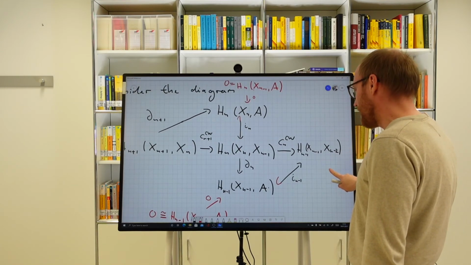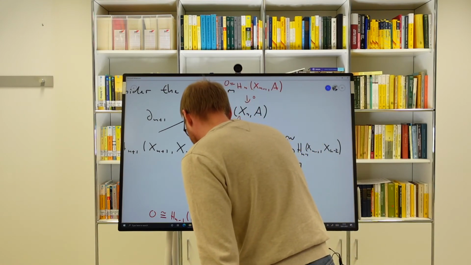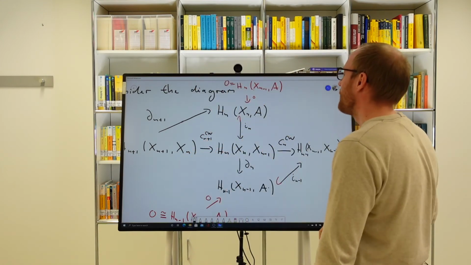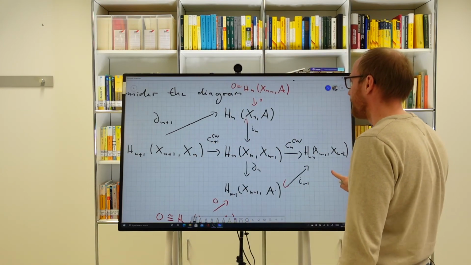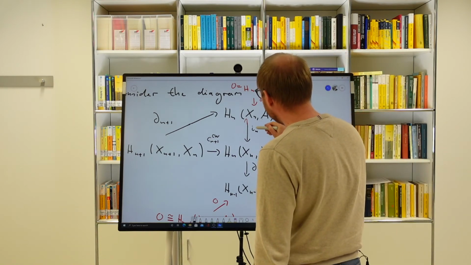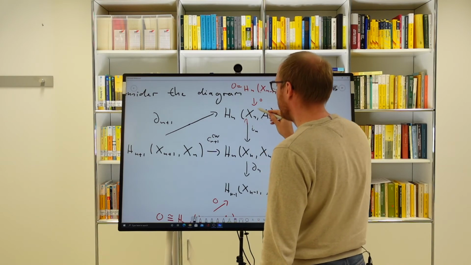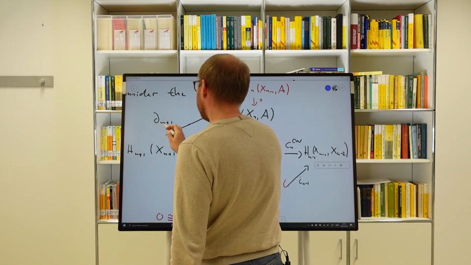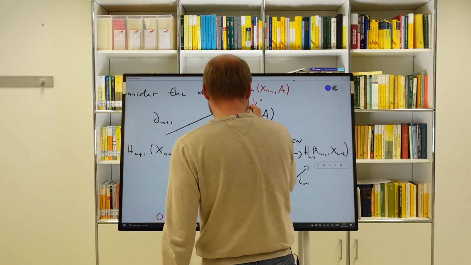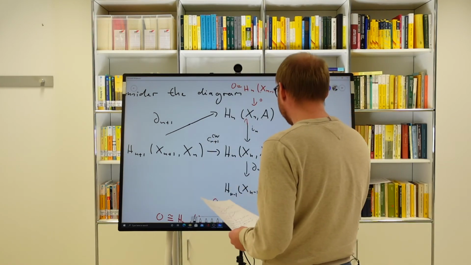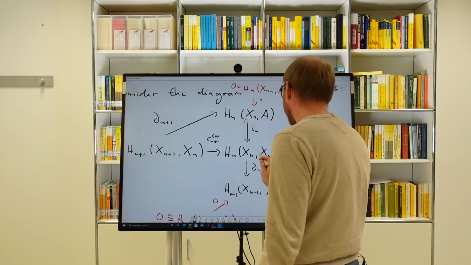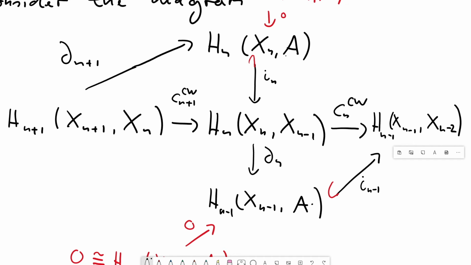And now we make a claim. So let's get back to black. We make the claim that this morphism in here actually induces an isomorphism from the cokernel of del n plus 1 of this arrow here to the homology at this spot of this chain complex here.